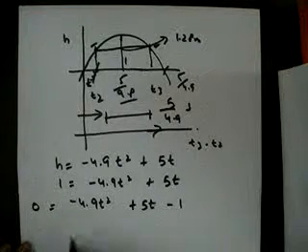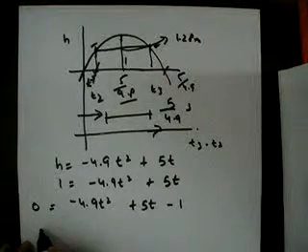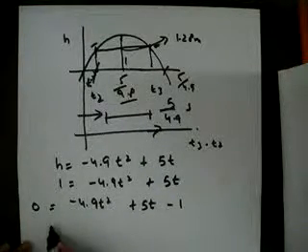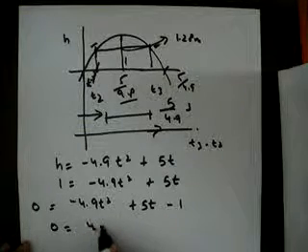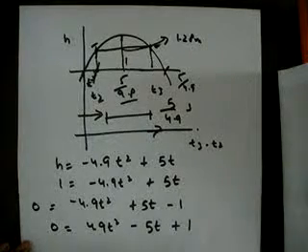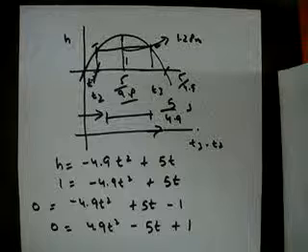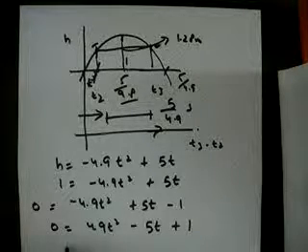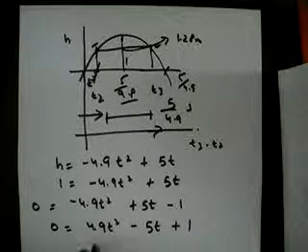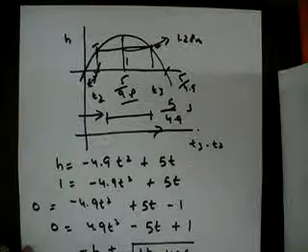Now if I am comfortable dealing with the negative sign here, I can say multiplying both sides by minus 1, this will again be 0. So this will reduce to 4.9 t square minus 5t plus 1. I could have solved this way also, just putting the values in the standard equation which we have. What is the solution for that? We have minus b plus minus square root of b square minus 4ac by 2a.